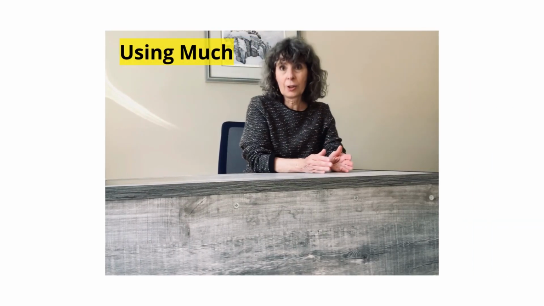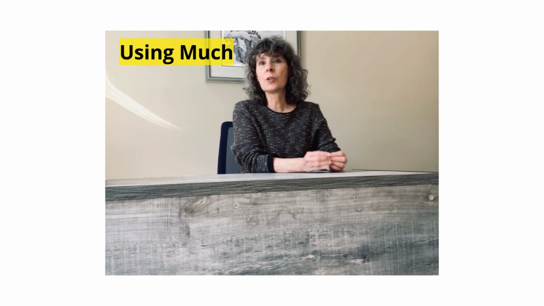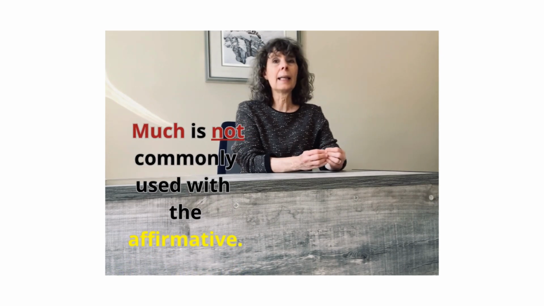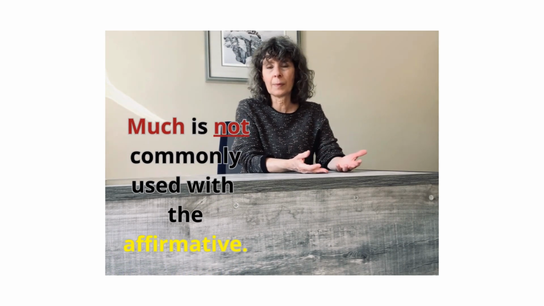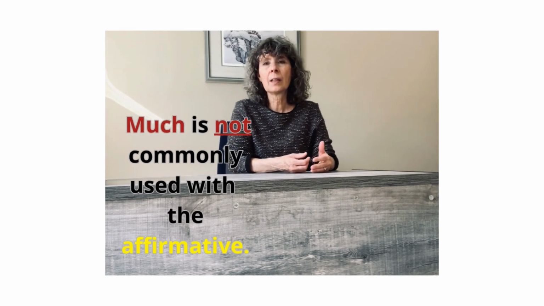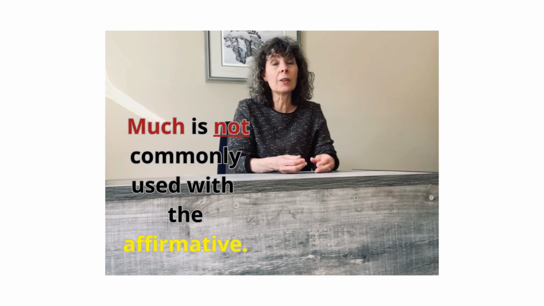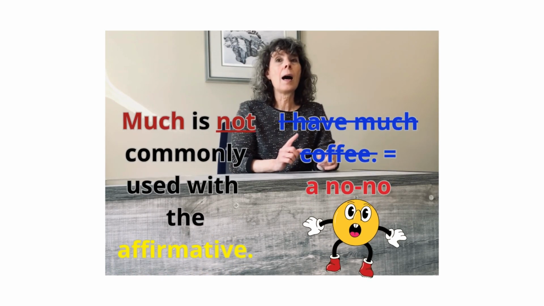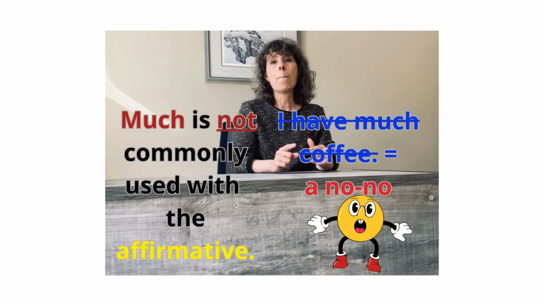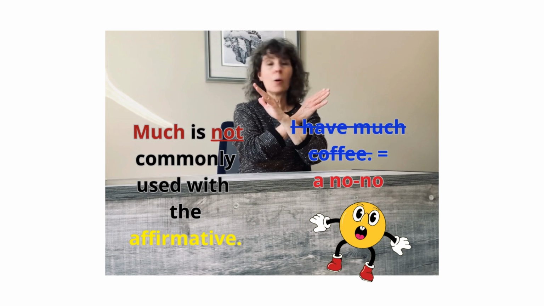With much, however, firstly, it's not common in English to use much in the affirmative form. It's a little bit odd, it's not much used, so it's not really very good to say, I have much coffee. That's a no-no.